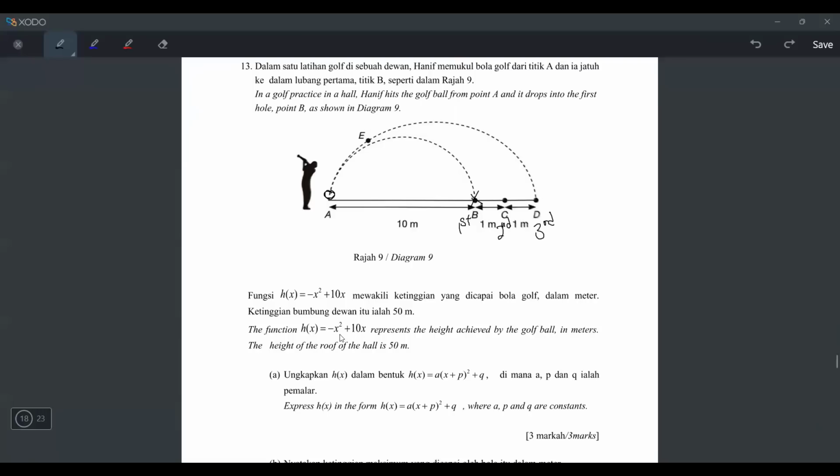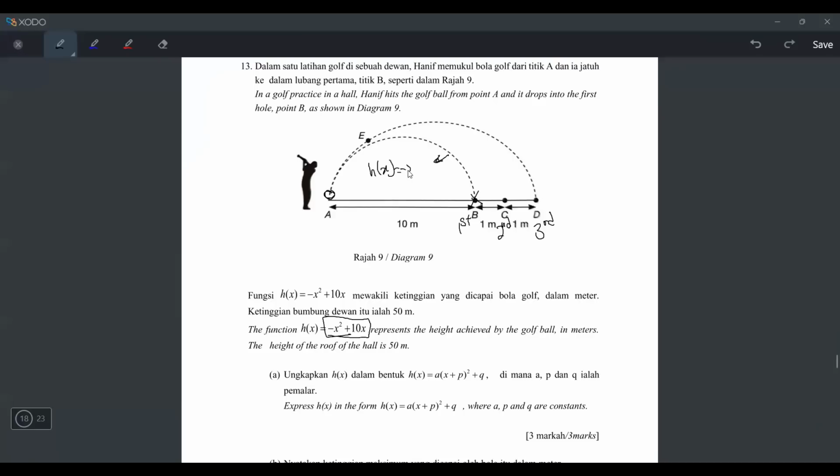The function h(x) equals negative x squared plus 10x represents the height achieved by the golf ball in meters. And then the height of the roof of the hall is 50 meters. If you read clearly, this negative x squared plus 10x is the equation for this quadratic curve.